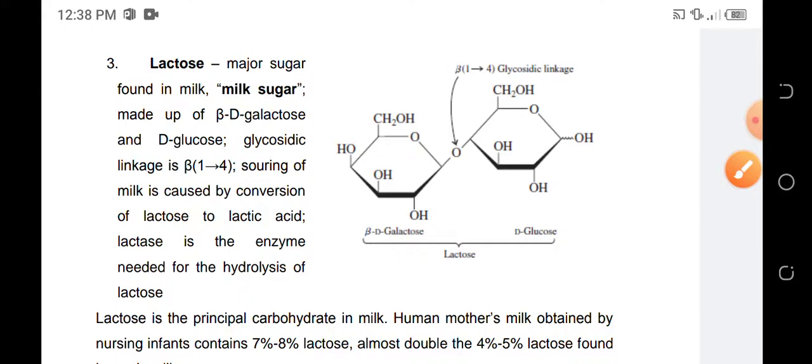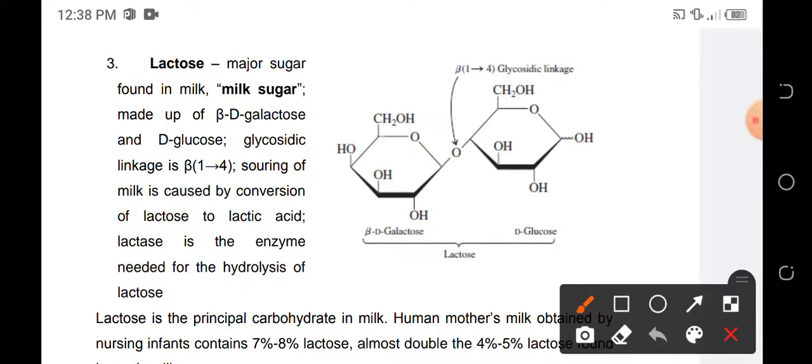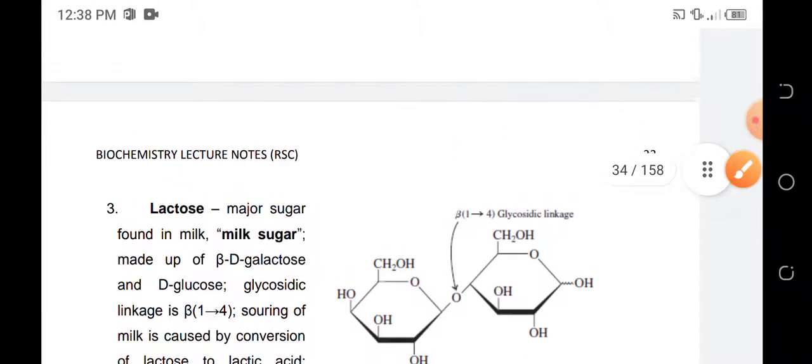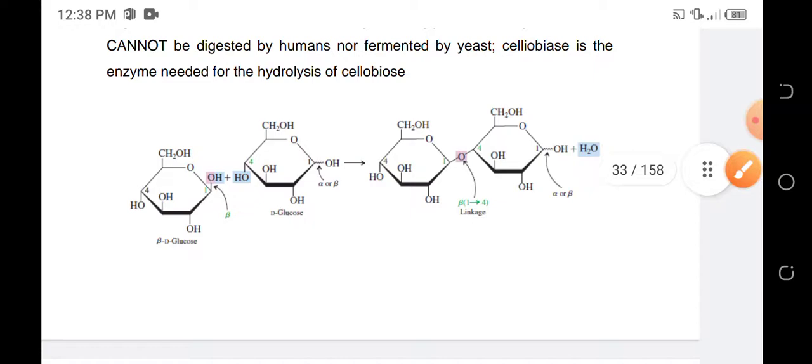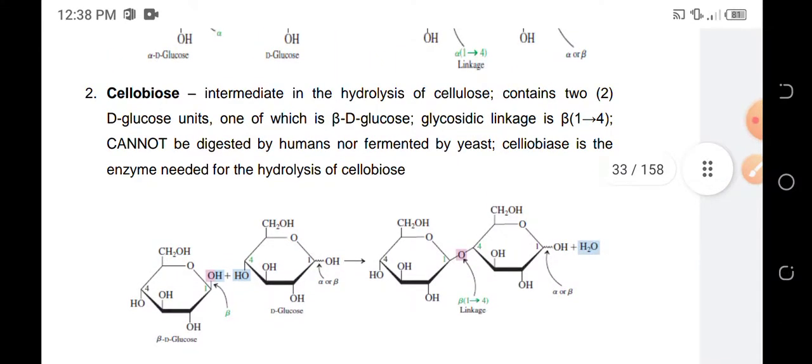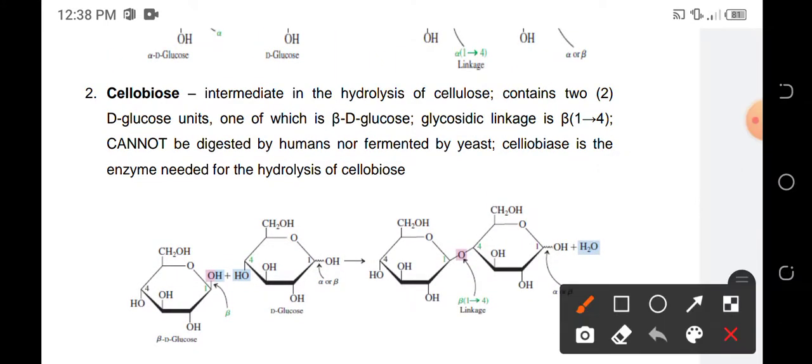So, the souring of milk is caused by the conversion of this lactose into lactic acid, and the enzyme that could break down lactose is eventually lactase. Okay? Kanina, ang enzyme for cellobiose, balikan lang natin ito.